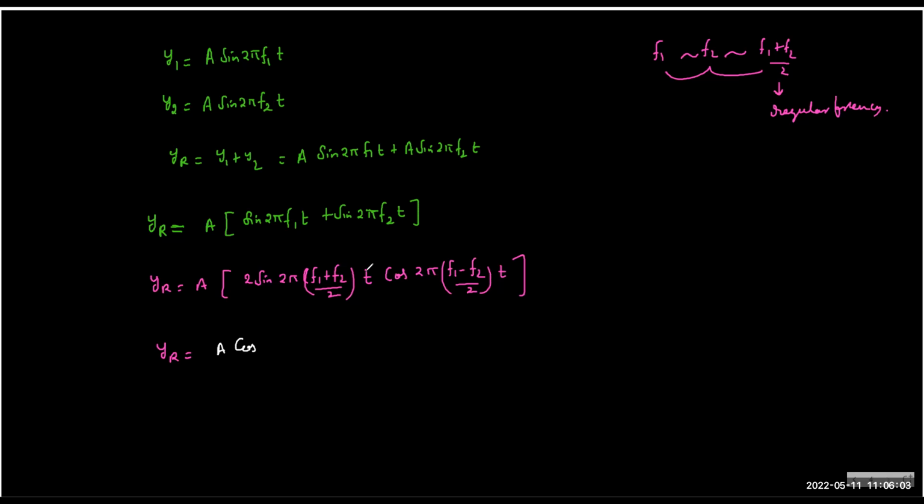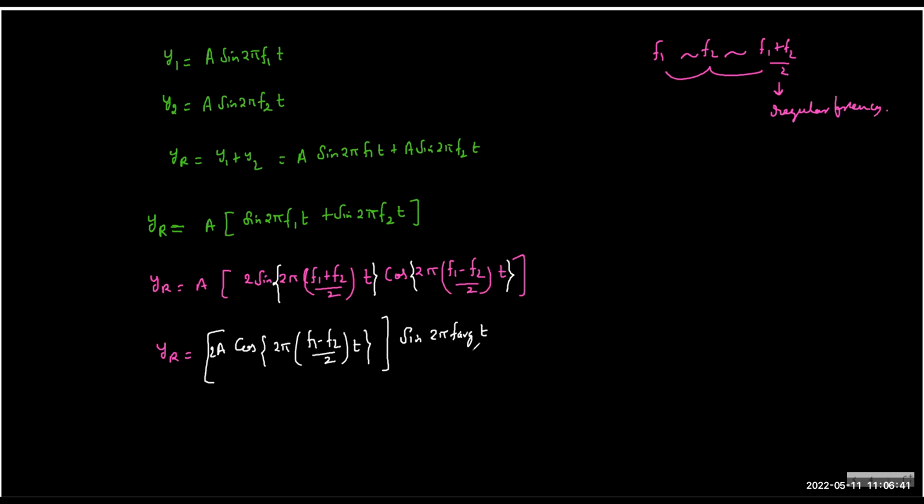So it becomes 2a cos 2 pi, the difference, into sine of f average into t.